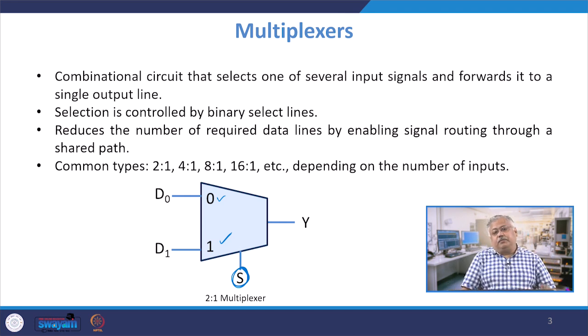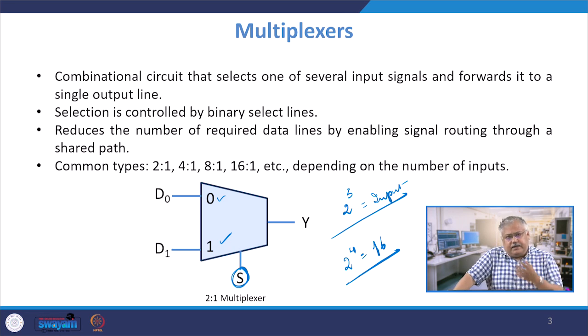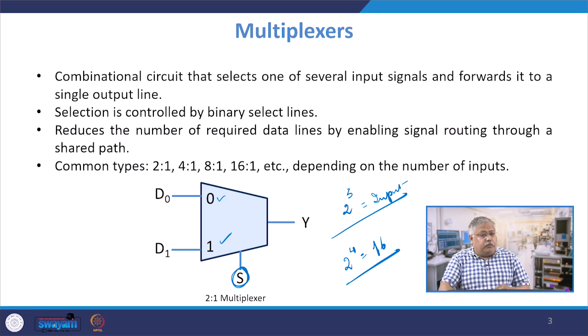For example, if there are 4 input lines, you require 2 select lines. If there are 8 input lines, you require 3 select lines. If there are 16 input lines, you require 4 select lines. So, basically 2 to the power S is the number of inputs. So, if there is 2 to the power 4, there are 16 inputs out of which you can select one. This works in the digital domain, not in the analog domain.